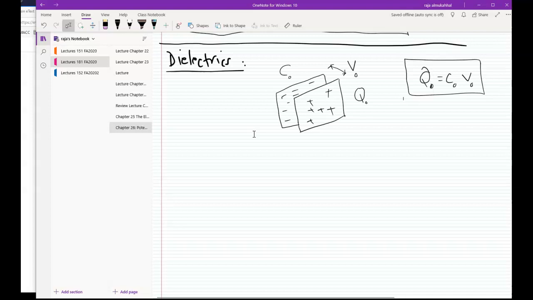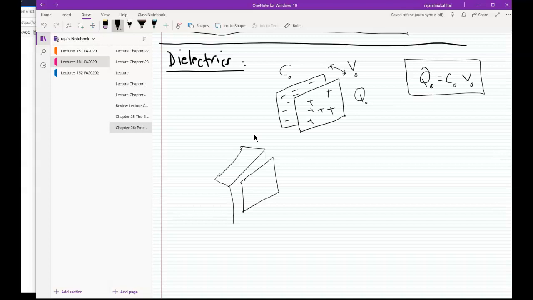So I will have the following. I'm going to try to draw a picture with the dielectric in there. Here is the insulating material. And now remember, this insulating material, we will assume it completely fills the space between the plates.